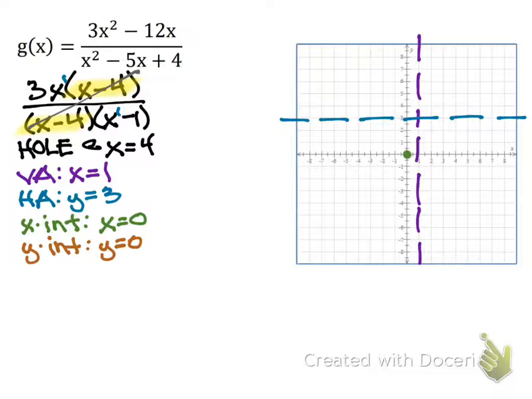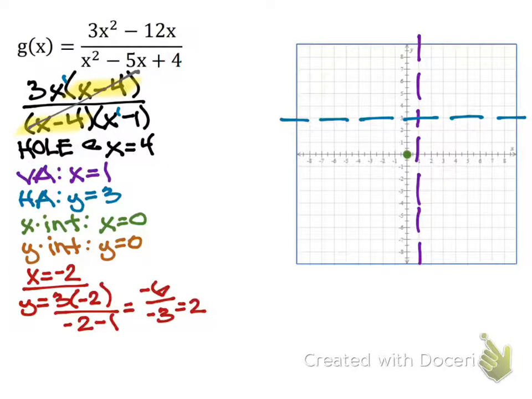Now to pick a few other points. Remember, we're just going to plug in. Let's try and see what happens when x is a negative 2. When x is a negative 2, the y value is a positive 2. So negative 2, positive 2, there's a point.